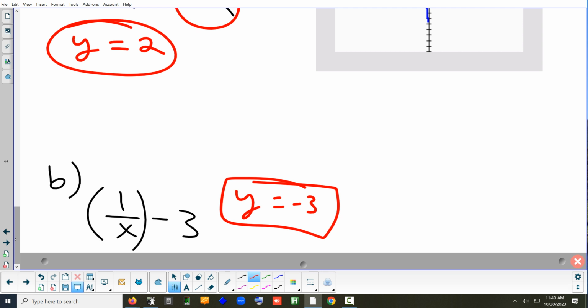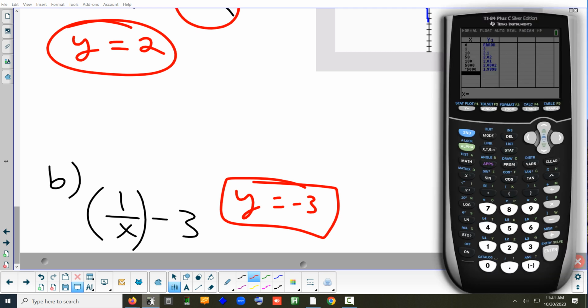Okay, any question on finding the horizontal asymptote? So horizontals, you look at what happens as you head really, really far away. 5,000, 50,000. Look at really, really far away x values.